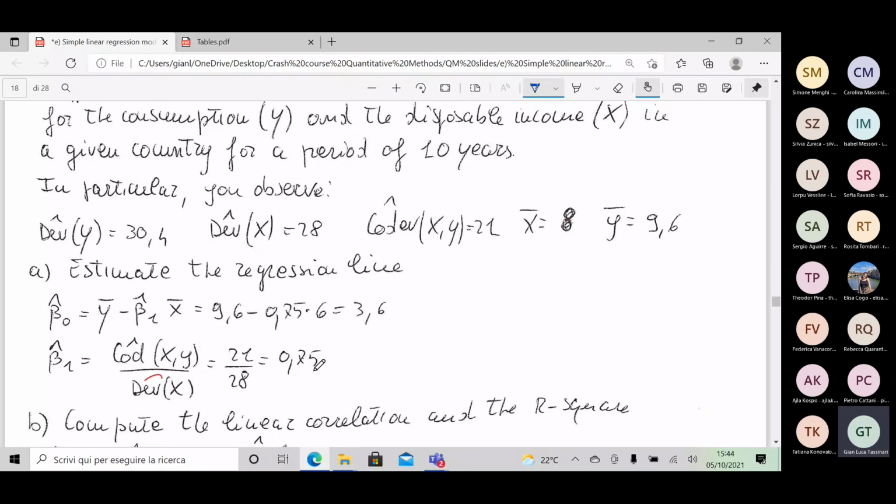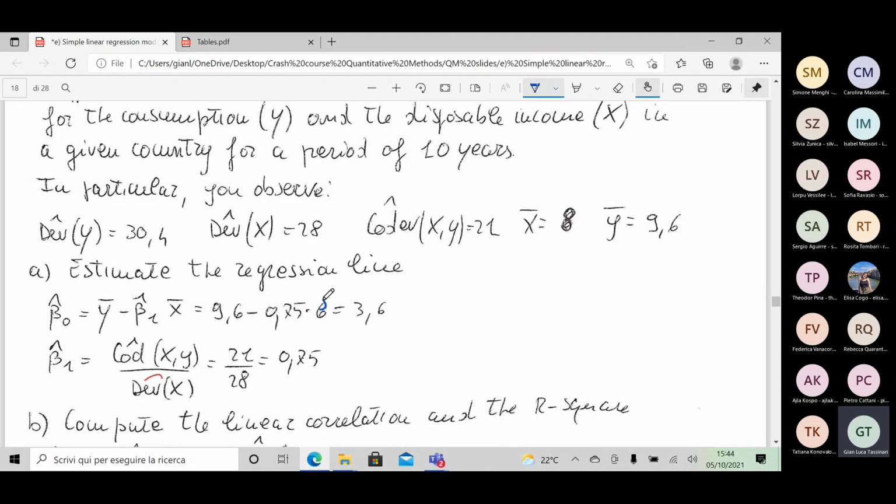Beta 0 hat again is the sample mean of the dependent variable Y minus beta 1 hat times the sample mean of the regressor X. So we have all the information because X bar is here. Yes, here it is 8.